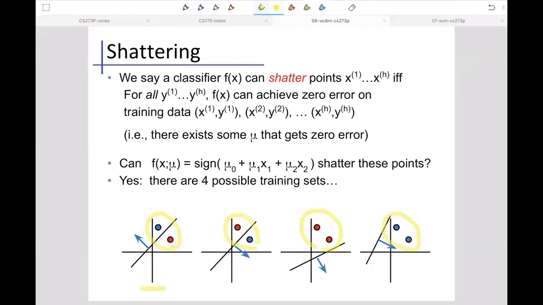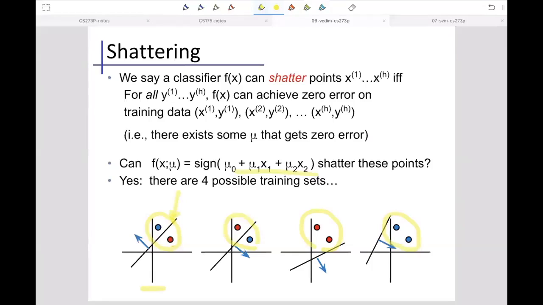So for this data set, it turns out it's possible, because that's very easy to see. I can select a classifier along this slope, pointing in this direction. Everything above I say is -1, everything below I say is +1. So you can do that.